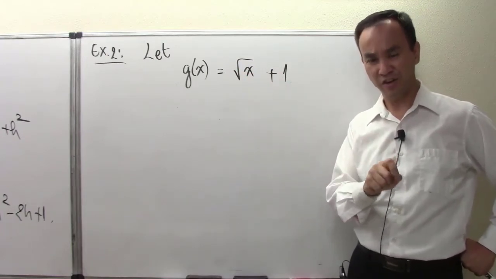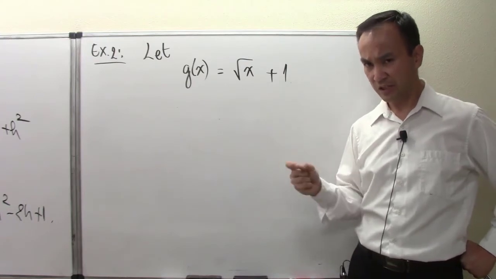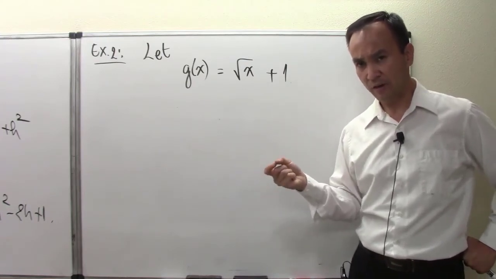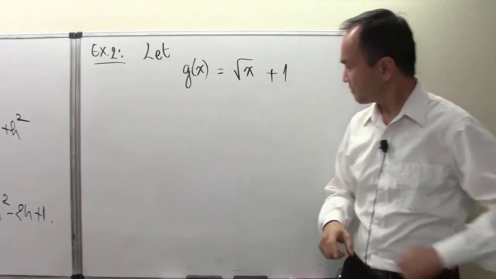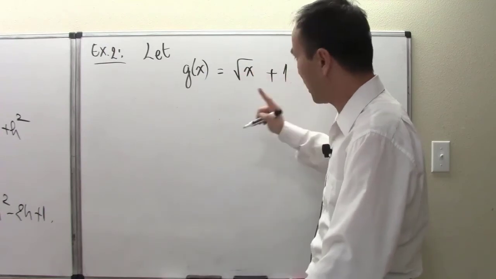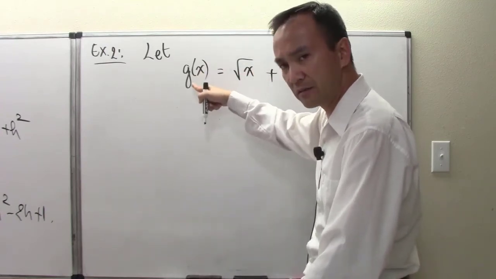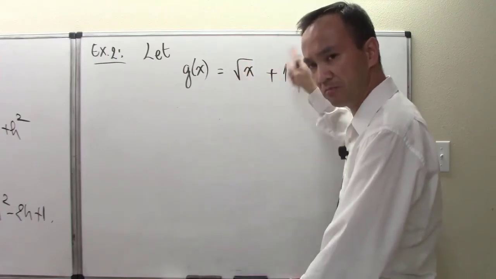Order of operations. Anyone learning from this lesson needs to already master your order of operations. So g of x equals square root of x plus 1, or the rule says we take the square root of any input and we add 1.